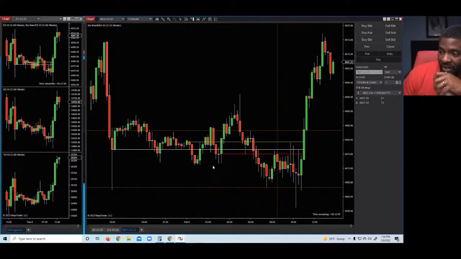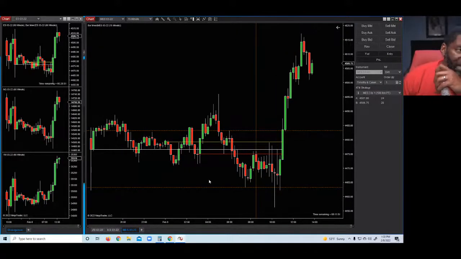Then I would be like, okay, this is a bunch of equal lows right here, so it's going to hunt this liquidity before it goes down to that one. So then I would move it up to there. But since they're in the same spot, that's why it's just marked off on the 15 minute. But I start at the daily and the 60 minute, look for where I think it's going to go.